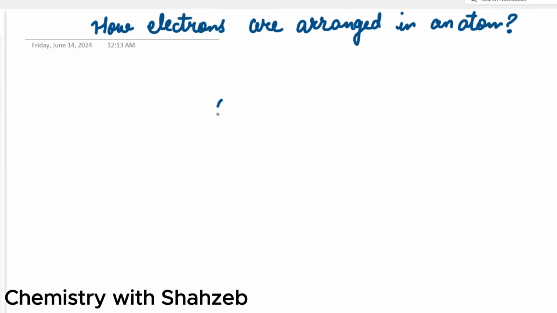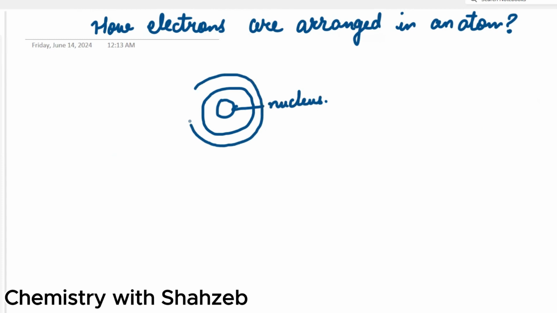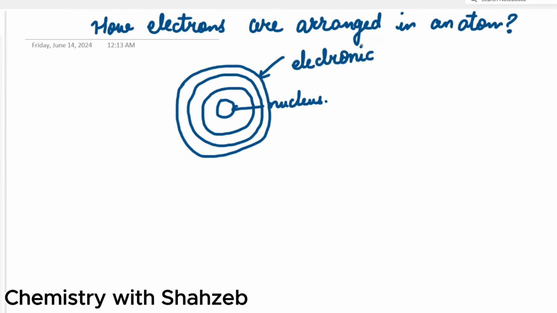Like for example, this is the nucleus. So electrons basically revolve around the nucleus. These are electronic shells in which electrons revolve.